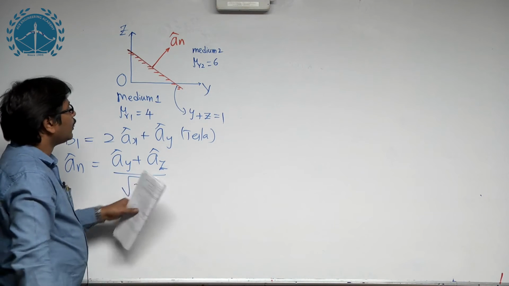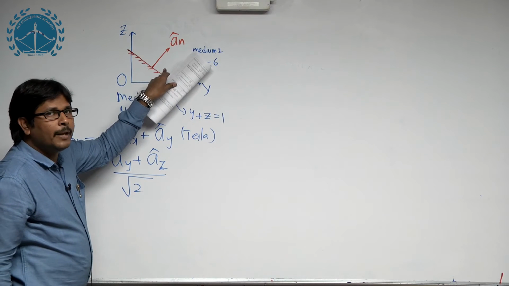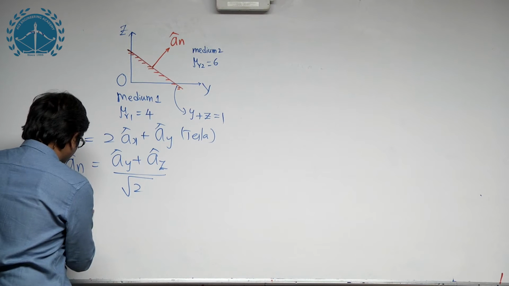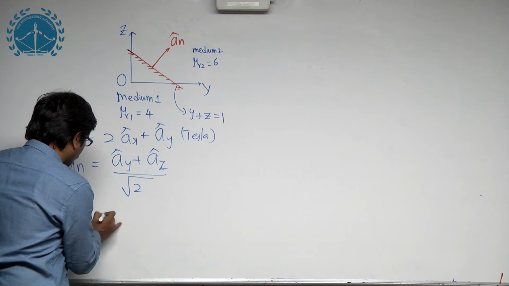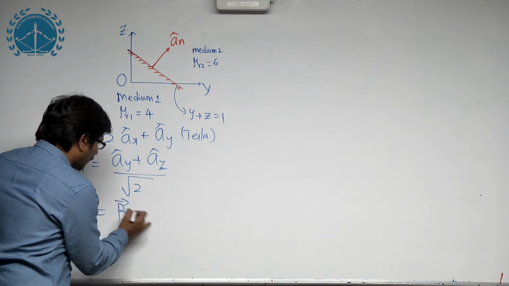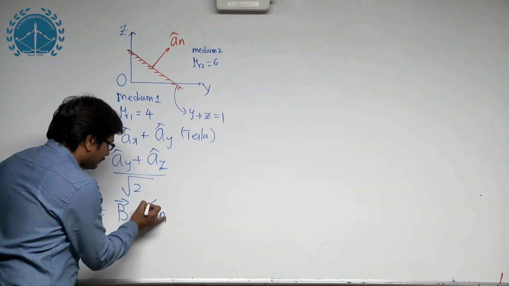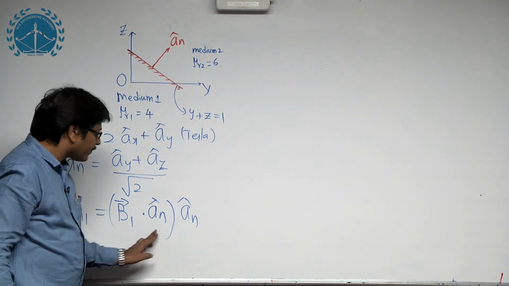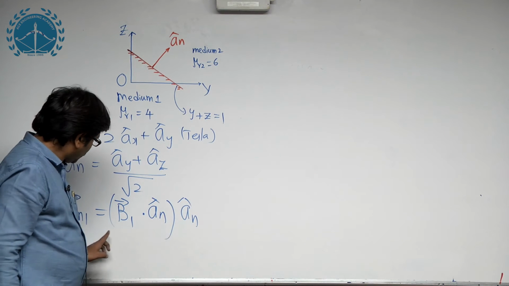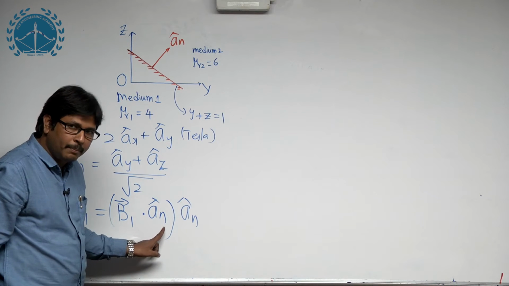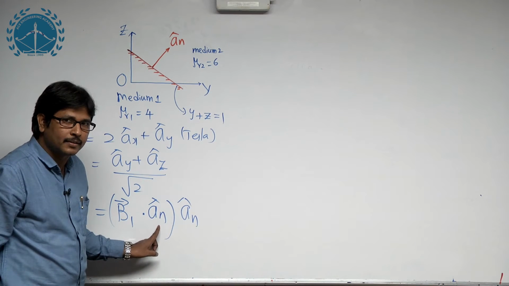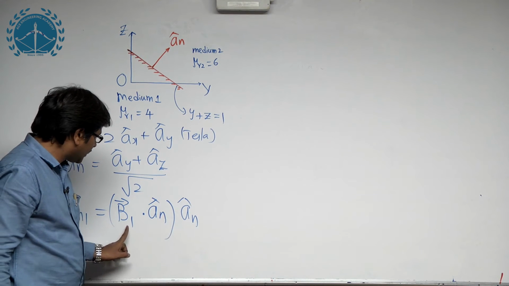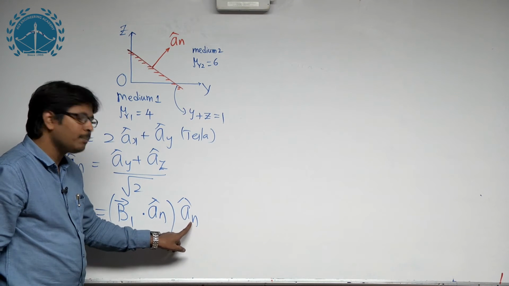From this we can calculate the normal component vector of flux density in medium 1, which is given by Bn1 bar is equal to B1 bar dot An cap multiplied with An cap. This is the formula you have seen in vector algebra. The component of A bar along B bar gives us just the component. We need the component vector along the unit vector normal to it, which is B1 bar dot An cap multiplied with An cap.